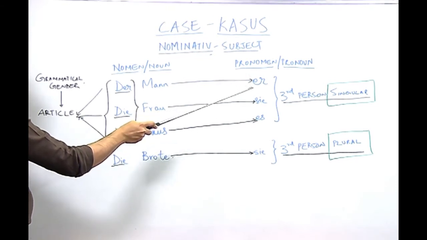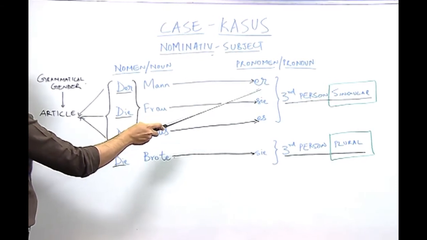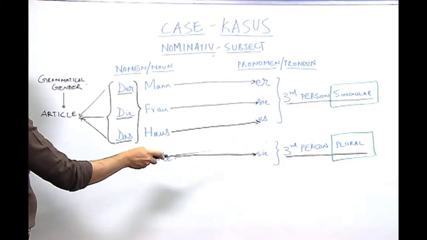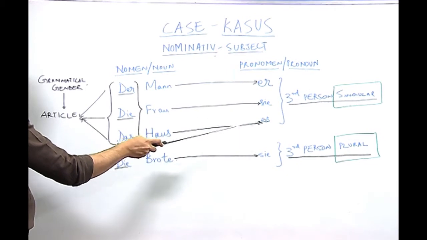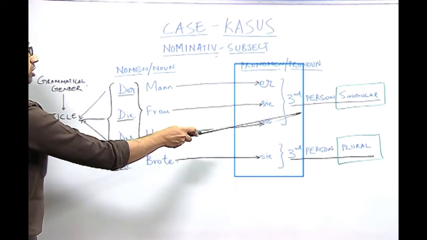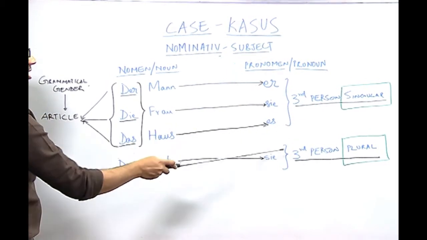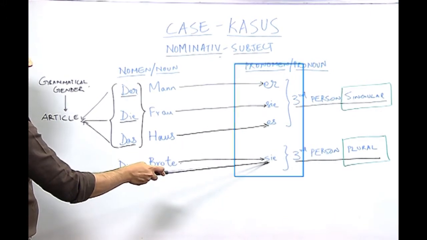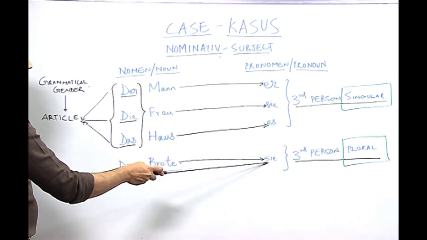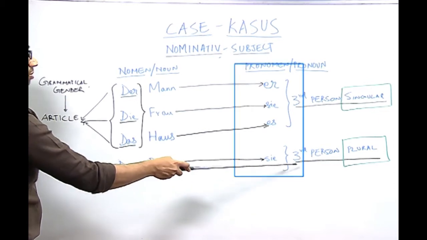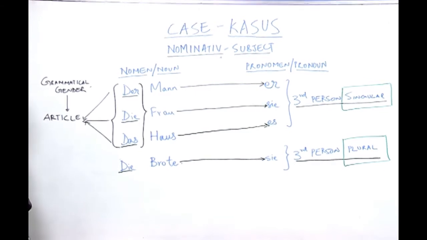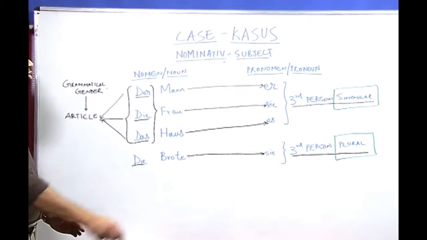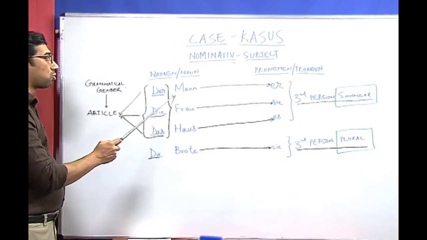You are already familiar with these pronouns er, sie, es, sie, and you know that er, sie and es belong to the third person singular category, and sie, which is marked with the small s here, belongs to the third person plural category. Now, let us see how we reach the pronoun from the noun.